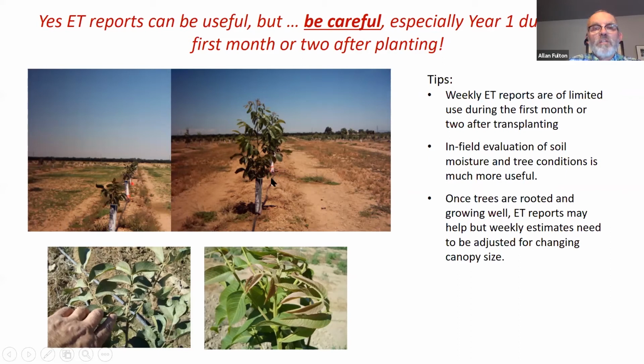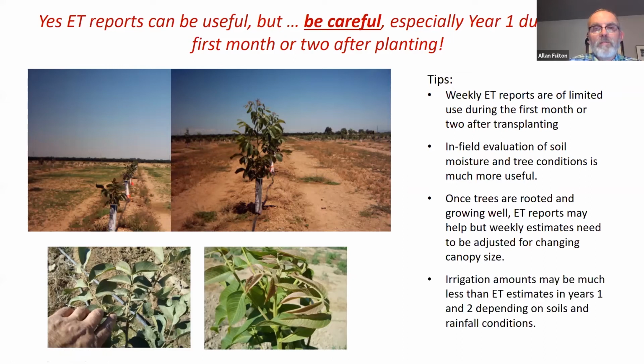But once the trees get going and you start getting canopy of this nature, then the ET reports have use, but they will need to be adjusted for canopy size. The other thing, just a tip that I would mention, is that in year one and year two in particular, depending on the soils and the rainfall conditions, you may find that the irrigation requirements are not nearly as high as the ET estimates.